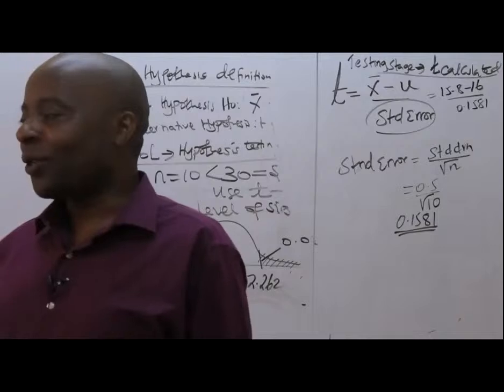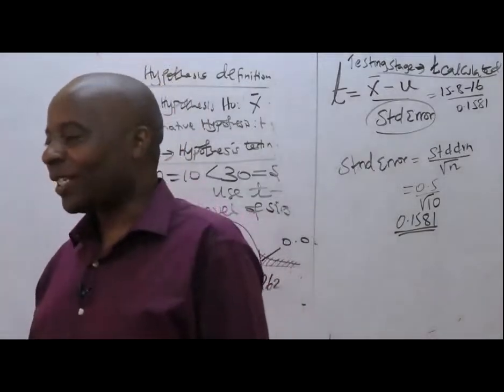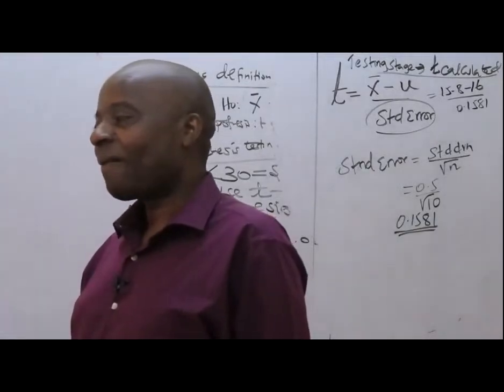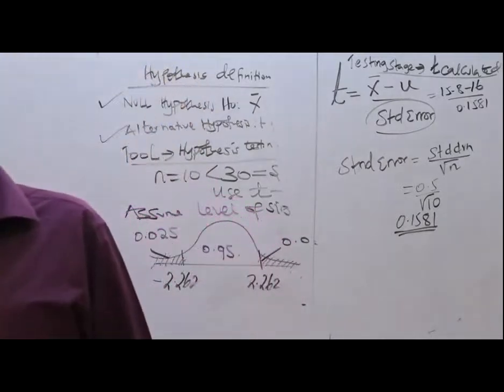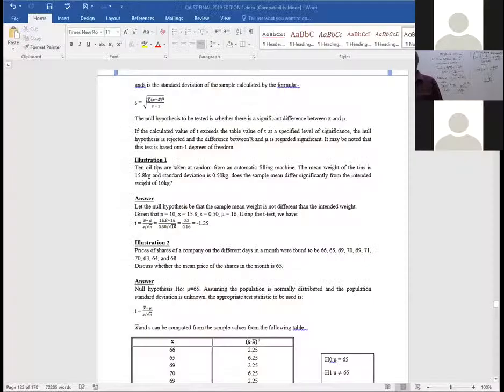I can see your signal is clear now. Talk to us. Which question is that? The one that you're doing is this question here, Illustration 1. You can just take a snapshot of that. Okay, thank you.